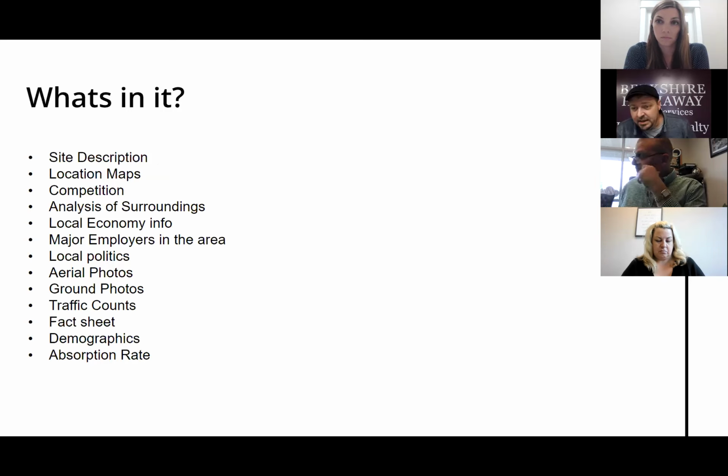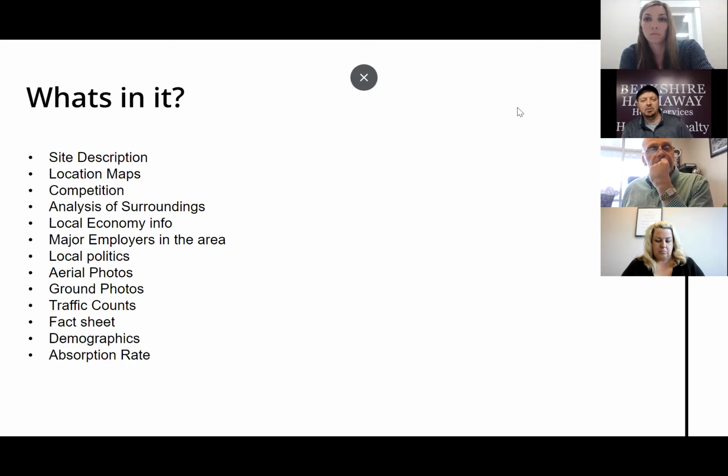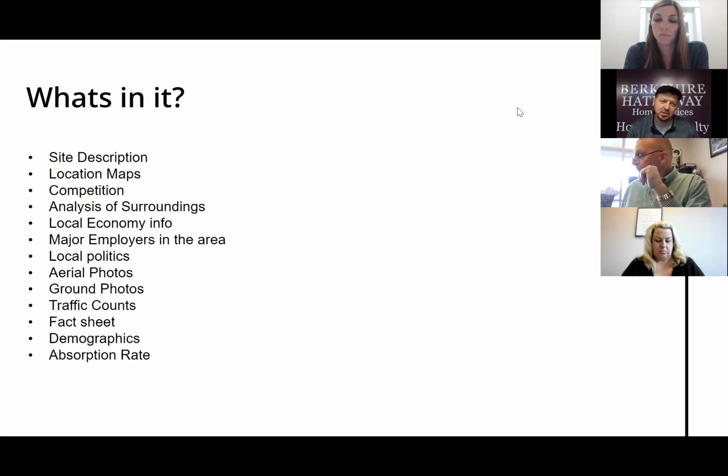So I wanted to create a list and go through some of the ingredients, how to collect them, and show a pretty good example of a property information package. Real quick, we have a site description as to the location of the property. You would want to include some location maps. You would want to look at any competition in the area.